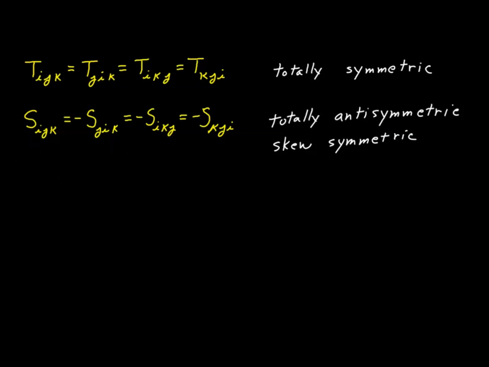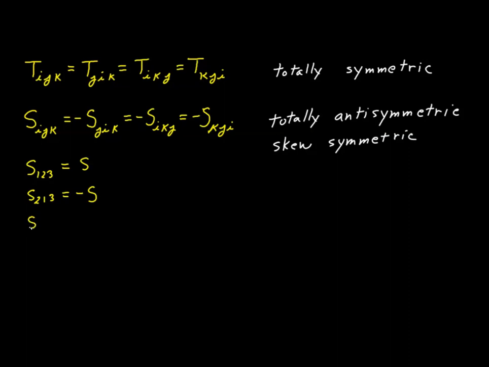All right. Well, let's dig a little deeper here. Let's say that S123 is equal to some scalar value, let's say just S. Then if we flip the first two indexes, S213, well, according to our rules up here, if we flip any pair of indexes, it's got to produce a negative value, so this would be negative S. Now let's go back to the original and flip the second two.